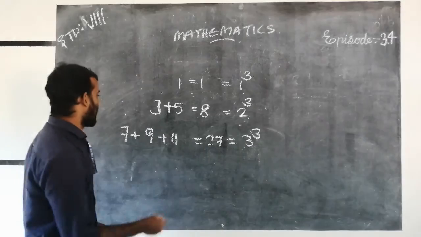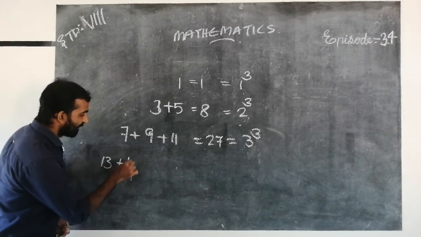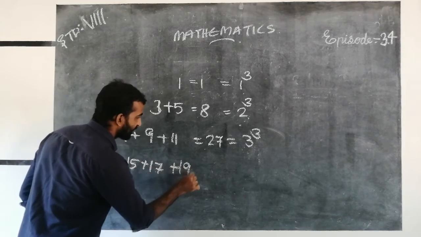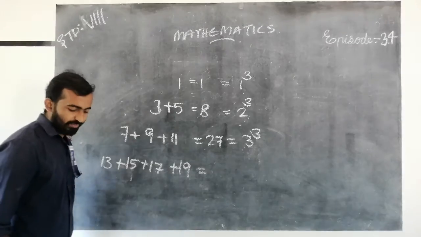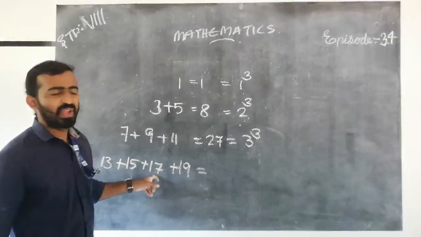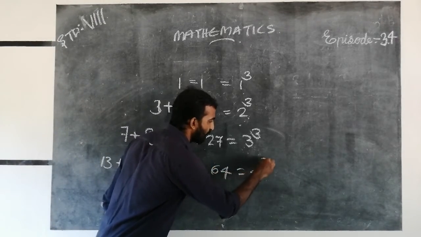And next is 13 plus 15 plus 17 plus 19. When we add these, we get 64, that is equal to 4 cube.